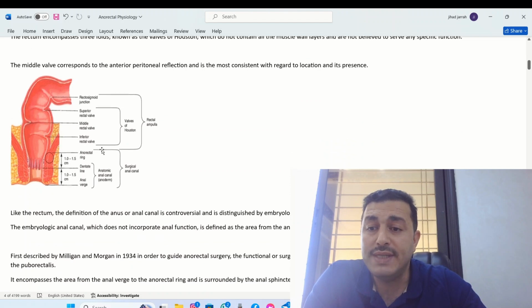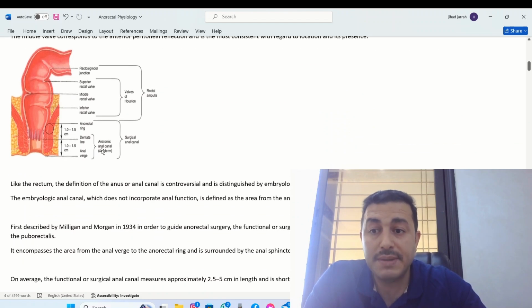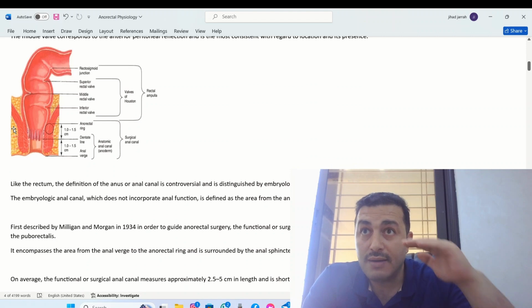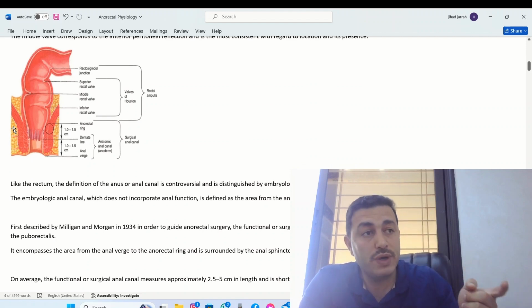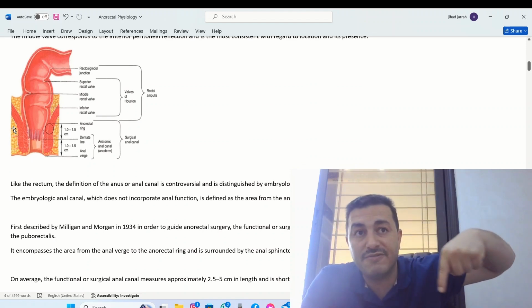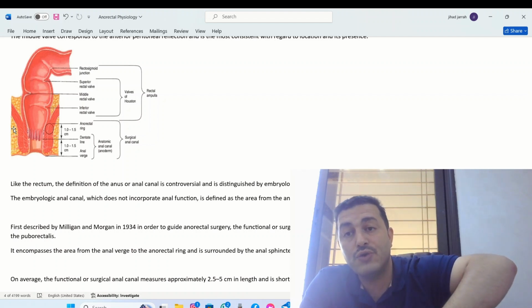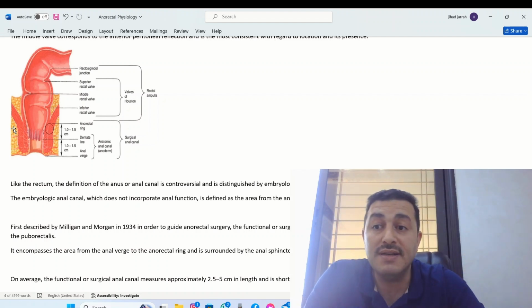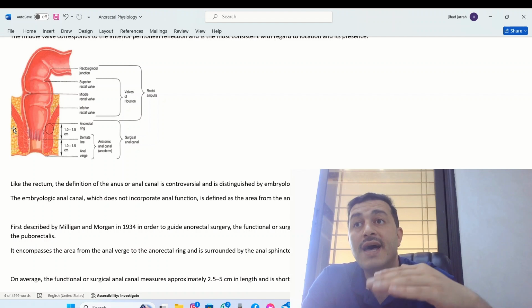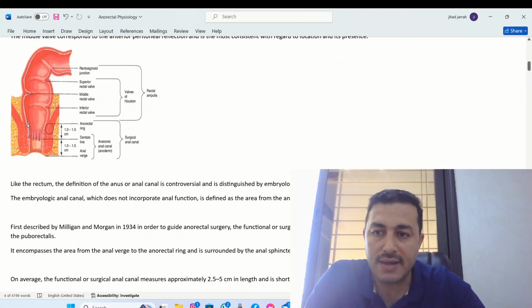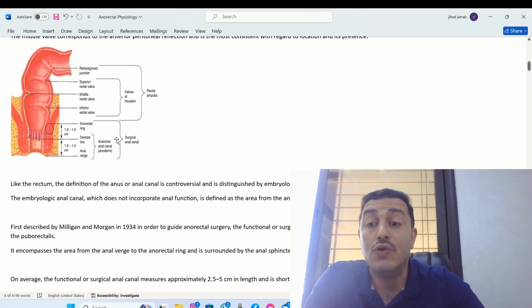If we move a little bit down, we start to talk about the anorectal ring. It is the place where the puborectalis engulfs the rectum and where the rectum goes through the pelvic floor muscle. Here starts the surgical anal canal, which is longer than the anatomical anal canal.